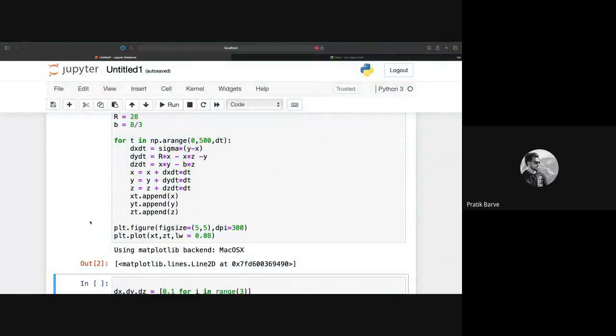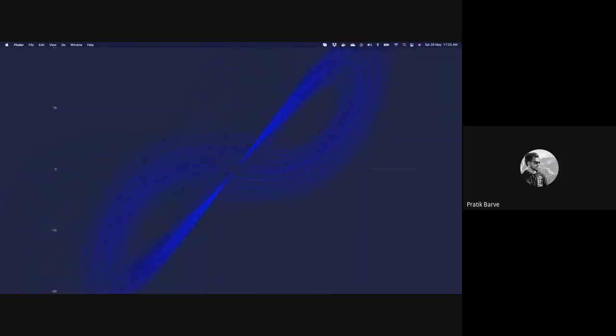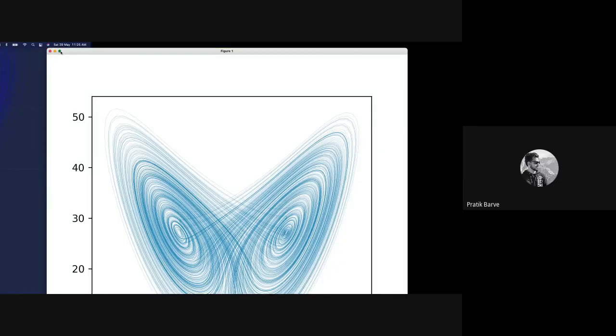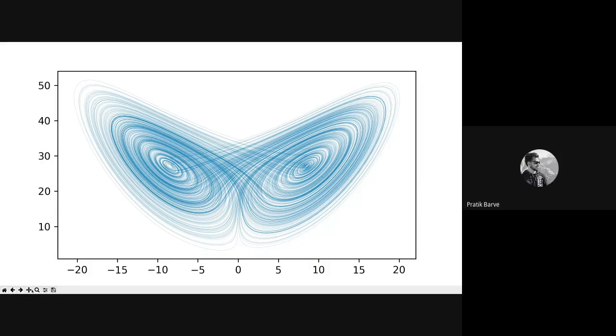Okay, it appeared in another window. I will show. So it appeared here. Is this visible? Yes. So you can interact with this.